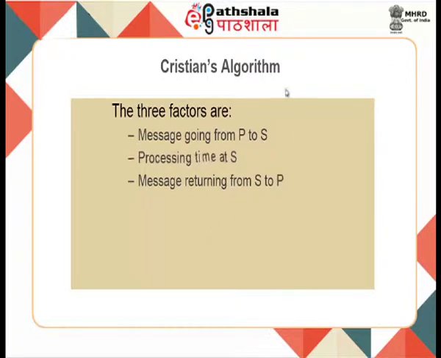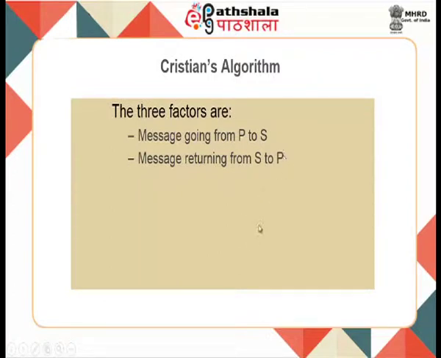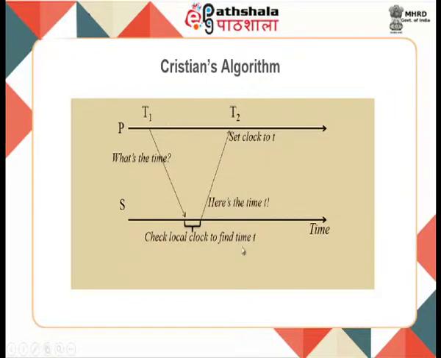Here the processing time is actually quite negligible, because that is the time server and the job of the time server is to do this. So we can ignore that, but these are times that we cannot ignore, and this is called the round trip time, or RTT. If we look at our diagram, the RTT is the time between T1 and T2.